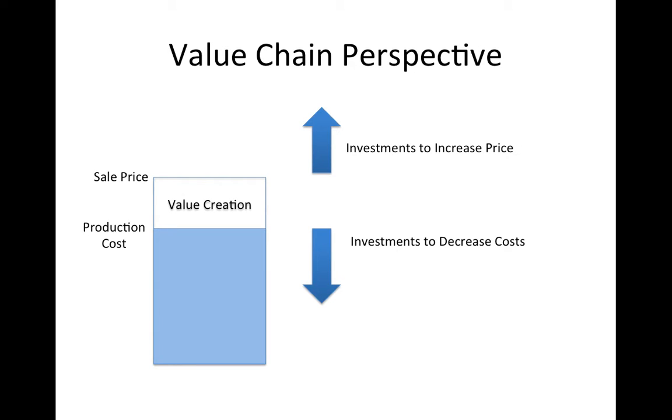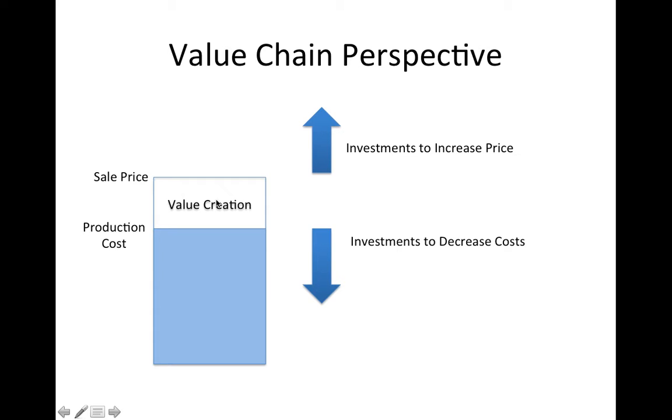So the first perspective we're going to look at is what's called the value chain perspective. It starts with a simple notion, which is that a company's purpose is to create value, and value is defined as the difference between the price they sell things at and what it costs them to make them, so it's their profit.